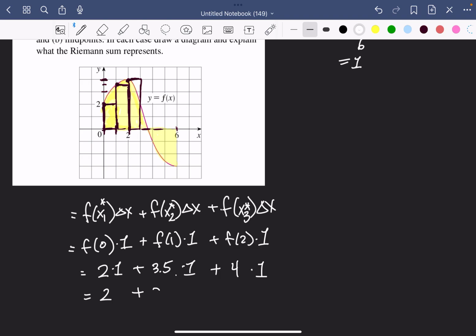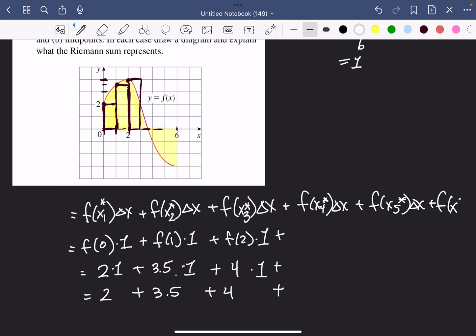So I have 2 plus 3.5 plus 4 plus, and we keep on going: f at x sub 4 star delta x, f at x sub 5 star delta x, and I need my f at x sub 6 star delta x.